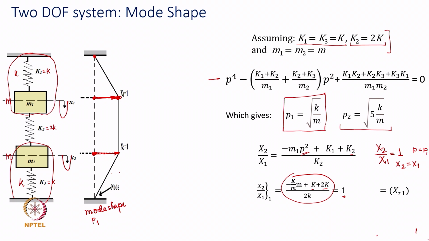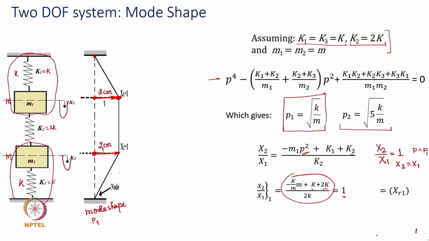So, this is how the two masses will move, and that movement is captured through this shape, and at any instant of time the two masses will have the same displacement ratio. That means, if this is 1 unit, this is 1 unit. If this is displaced let us say 2 centimeter, this mass will also be displaced 2 centimeter in the same direction.